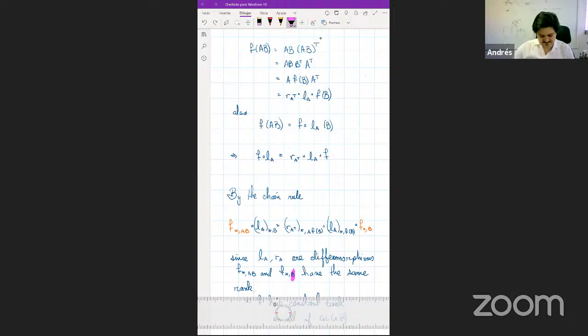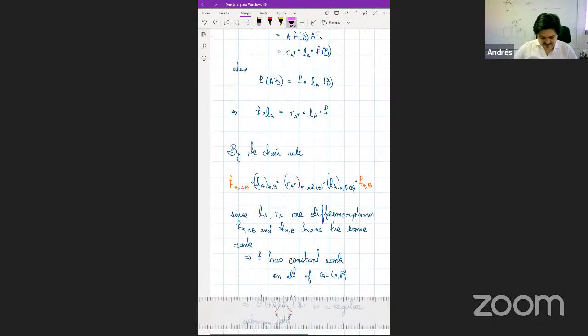Thus, F has a constant rank not only on ON, but on all of GL. The same conclusion that we had before for SL. Remember, for SL, the function had constant rank on every point of GL. Here, the same.